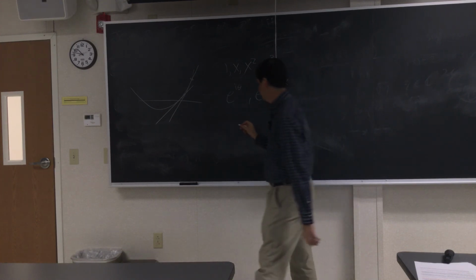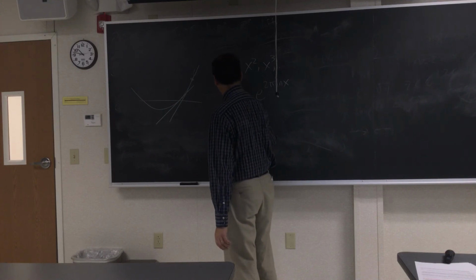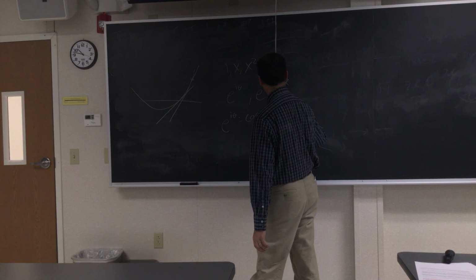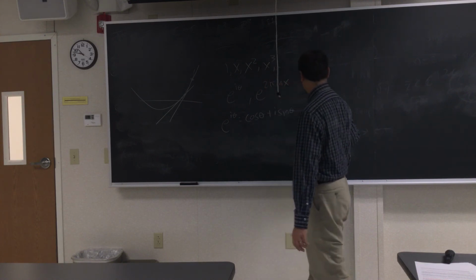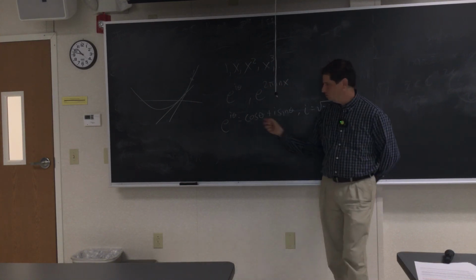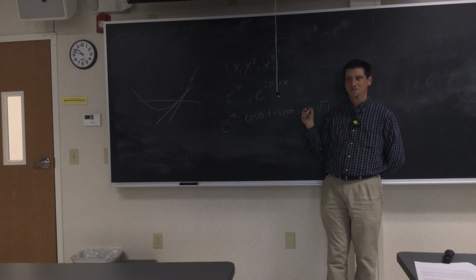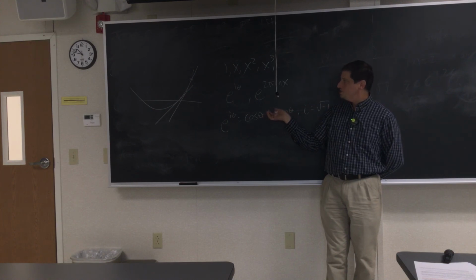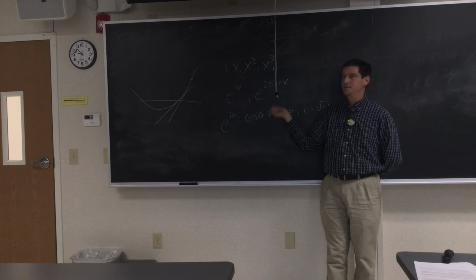Or you can expand this: e to the i theta is cosine theta plus i sine theta, where i is the square root of negative 1. Has everyone seen this formula? Okay. And so what we can do with this is, rather than using this set of functions to expand, we use this set of functions.